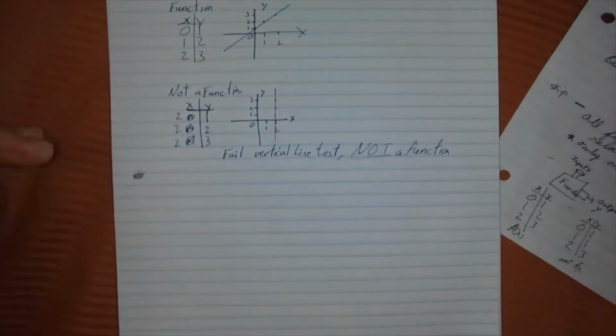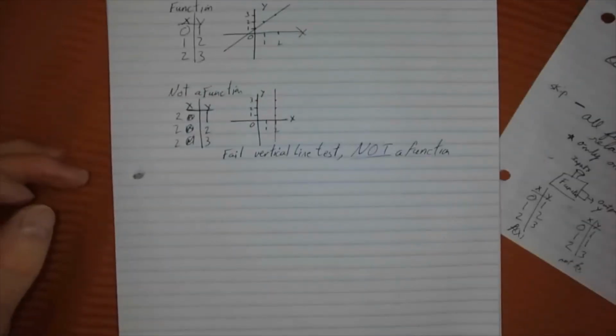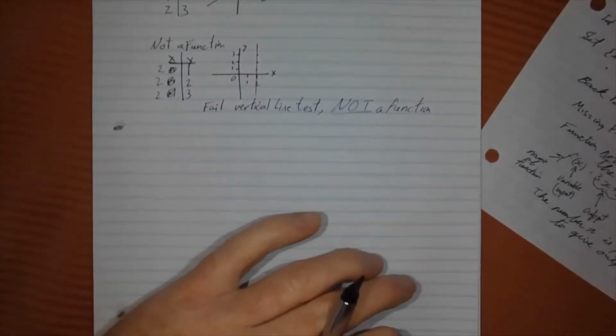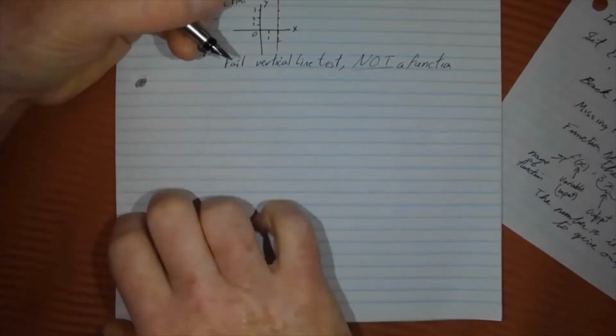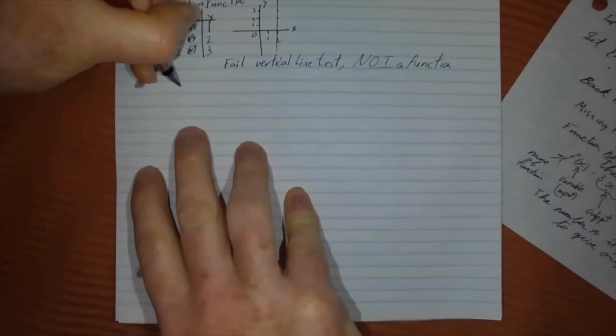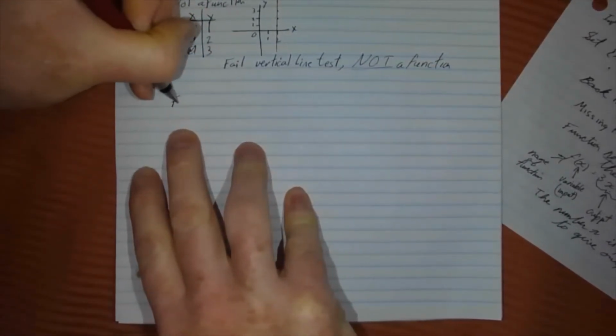So it's not a function. We've gone over what a function looks like the last 2 lectures. So what we can now continue to do is look at function notation. There's a special way to write functions.